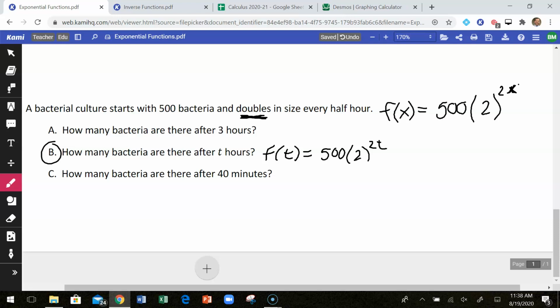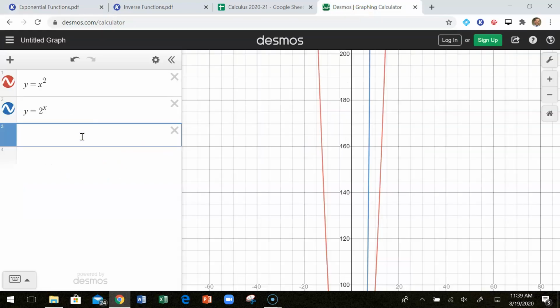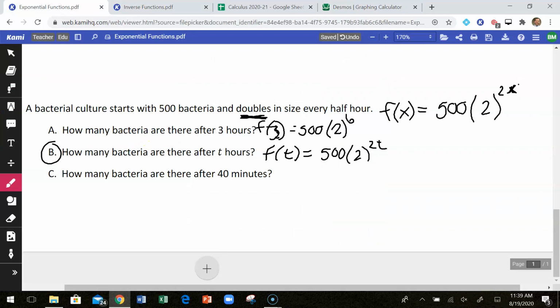I want to figure out what f of 3 is, which would be 500 times 2, and then if I plug in 3, I would have 6. So 500 times 2 to the 6th. So 32,000 is what we would get for that.